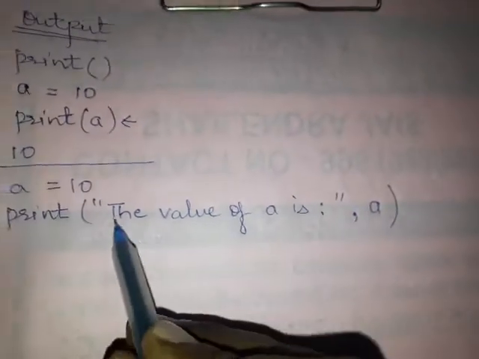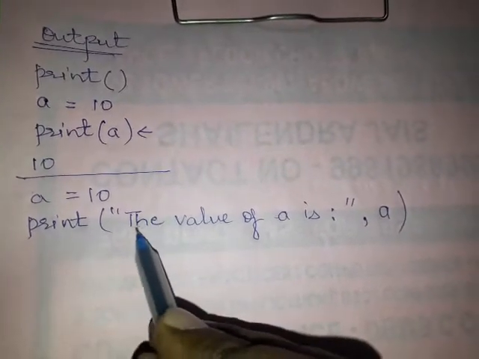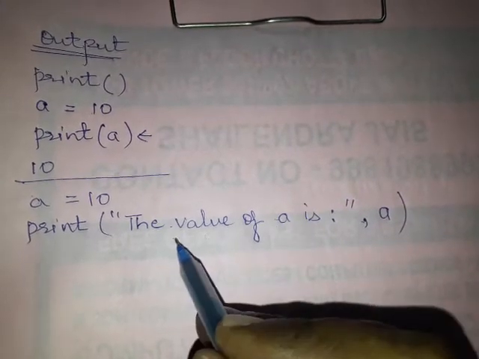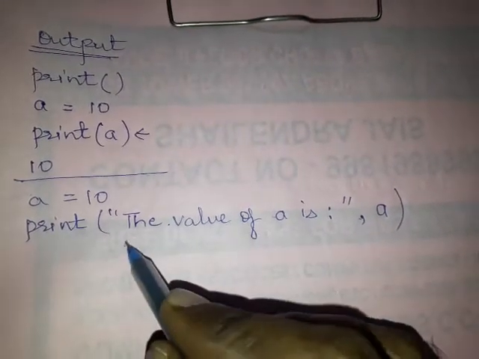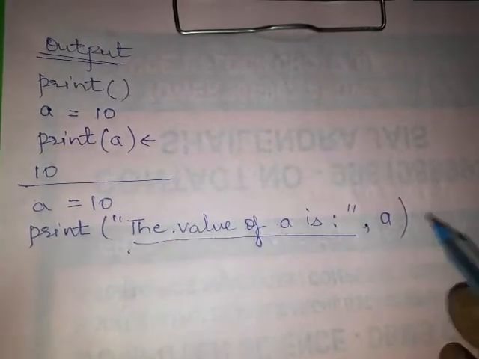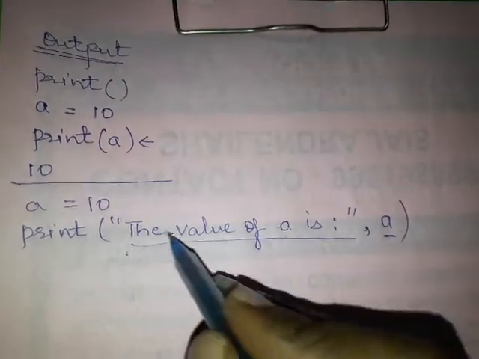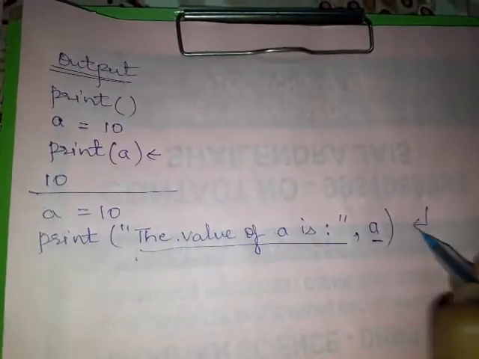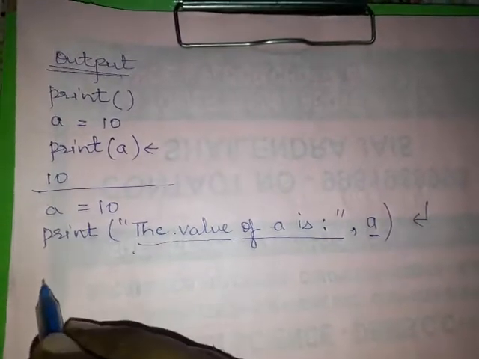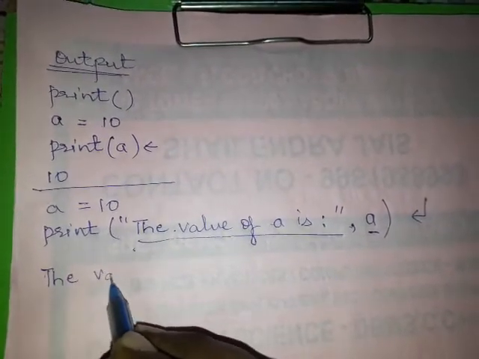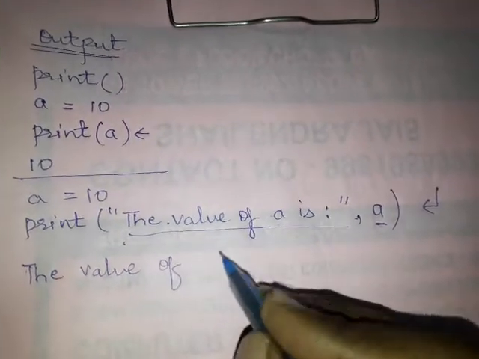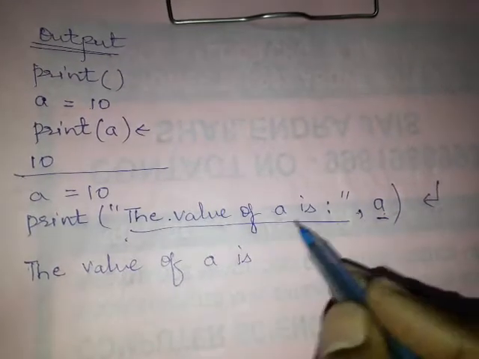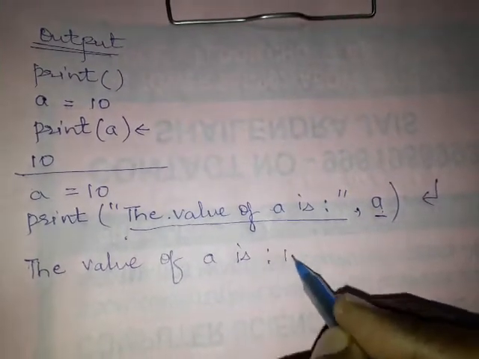Here we are distributing the print statement into two blocks. This is the first block and this is the second block. The first block, written in the double quotes, is displayed when you run this. When you run this, it will display: the value of a is: 10.